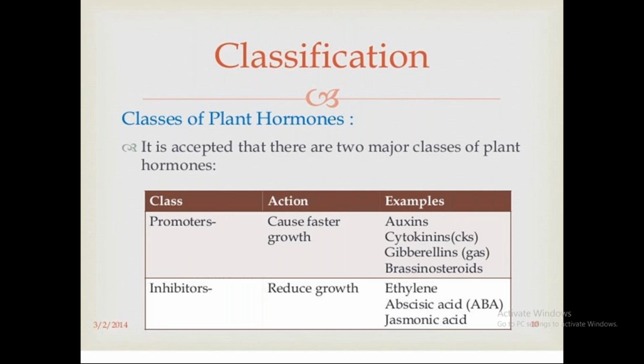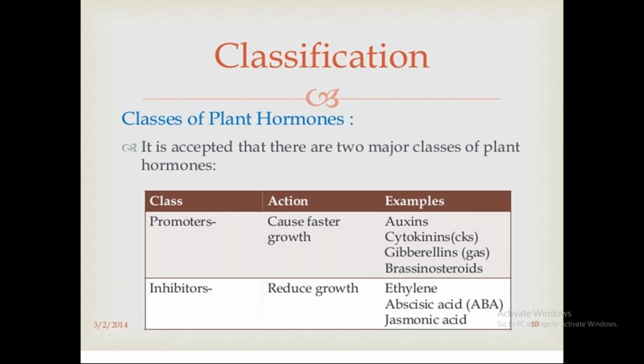Promoters mainly help the growth of the plant, as the name indicates. Inhibitors are mainly used to reduce the growth, and different functions are reduced by the inhibitors. These are the two categories in which we classify the plant hormones.